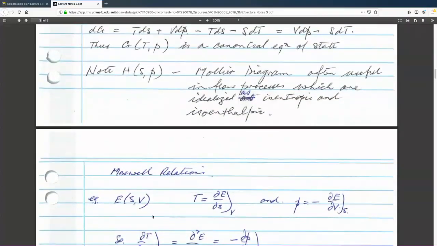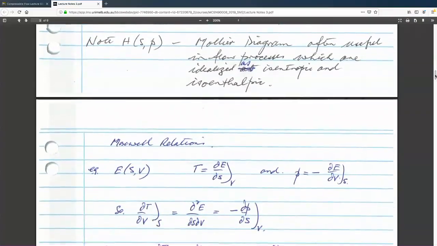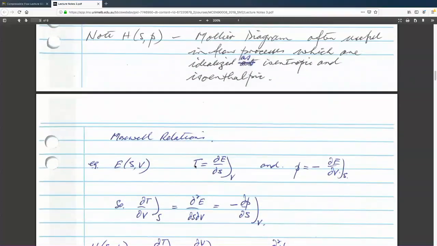As I said, if you had a canonical equation of state, E of S and V, from which you can find T and P, and I showed you how we would do that, then you can notice that if I take the partial derivative of T with respect to V, I'll get the second derivative of E with respect to S and V. That's dT/dV at constant entropy.